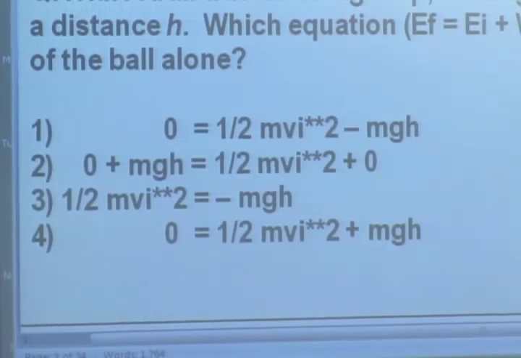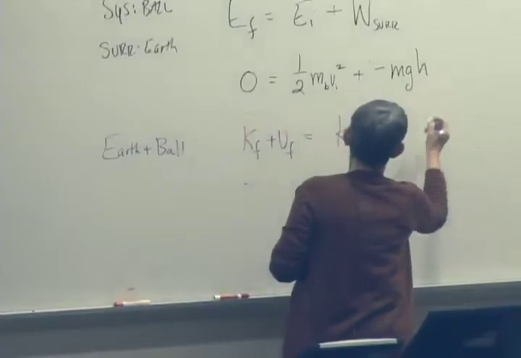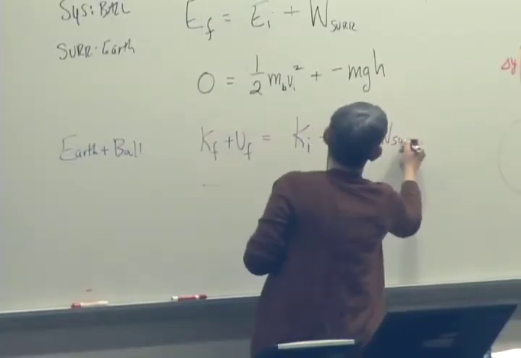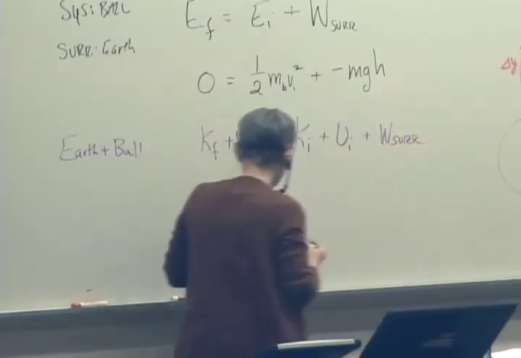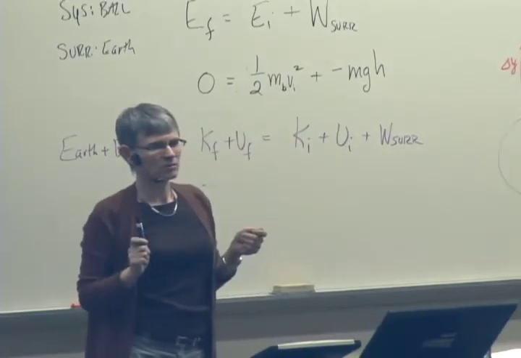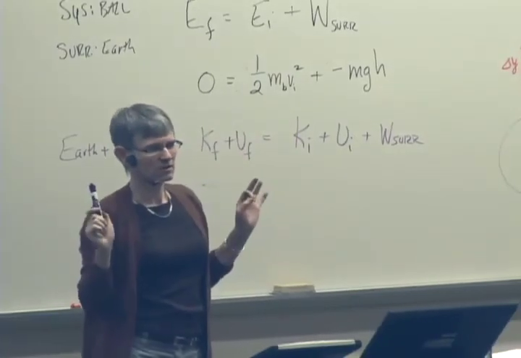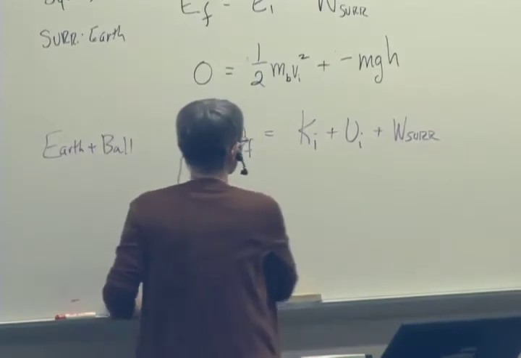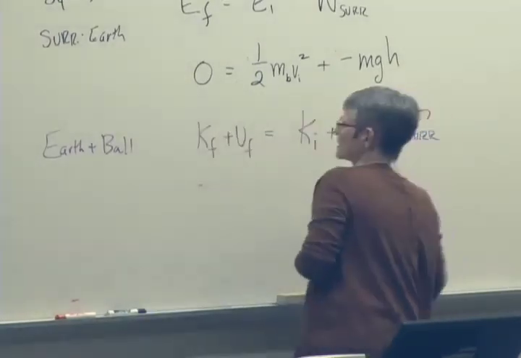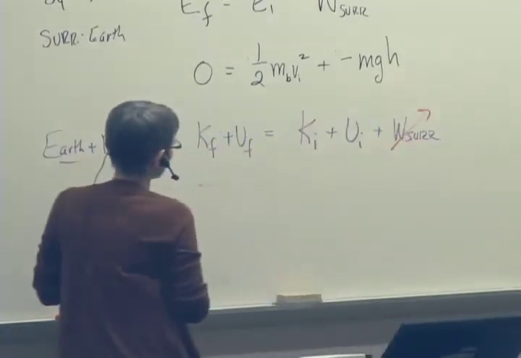Because if we have Earth plus ball, then we would have K final plus U final is K initial plus U initial plus the work done by the surroundings. And in this case, the work by the surroundings is going to be 0 because there's not much of interest in the surroundings anymore since the Earth is in the system.